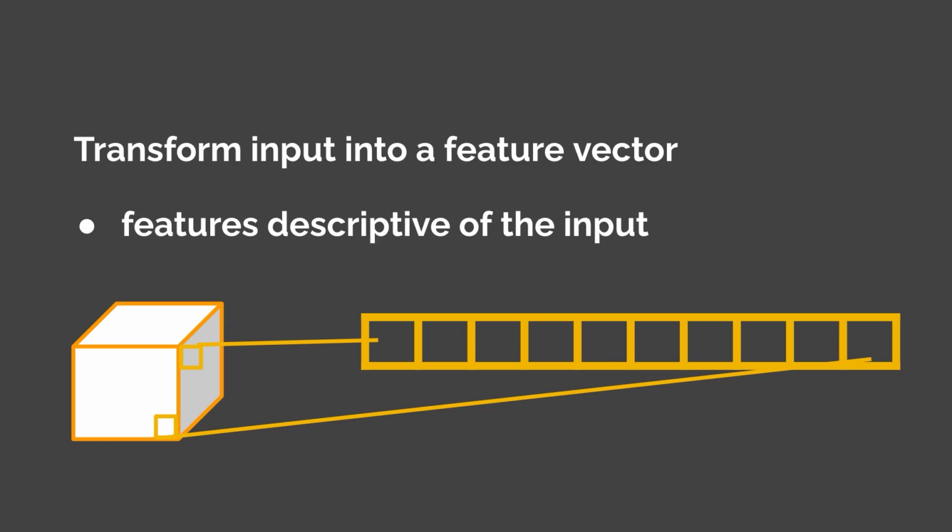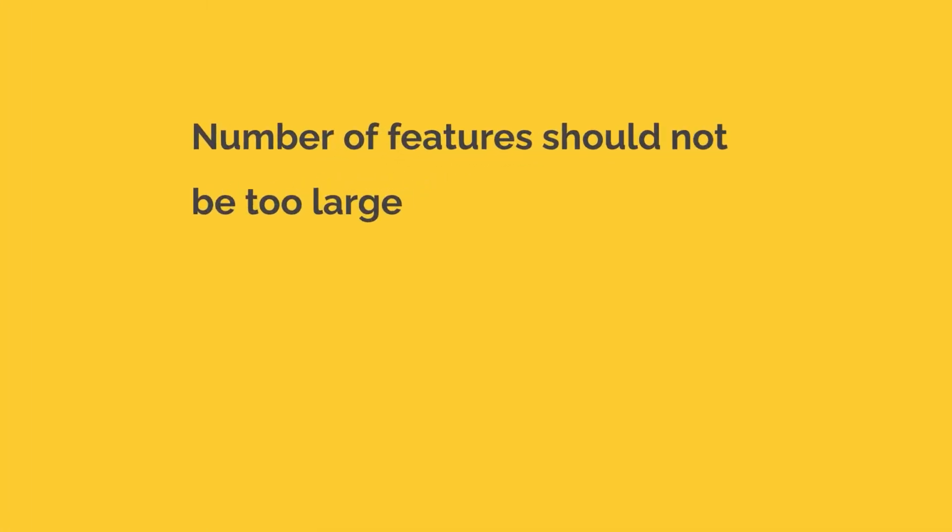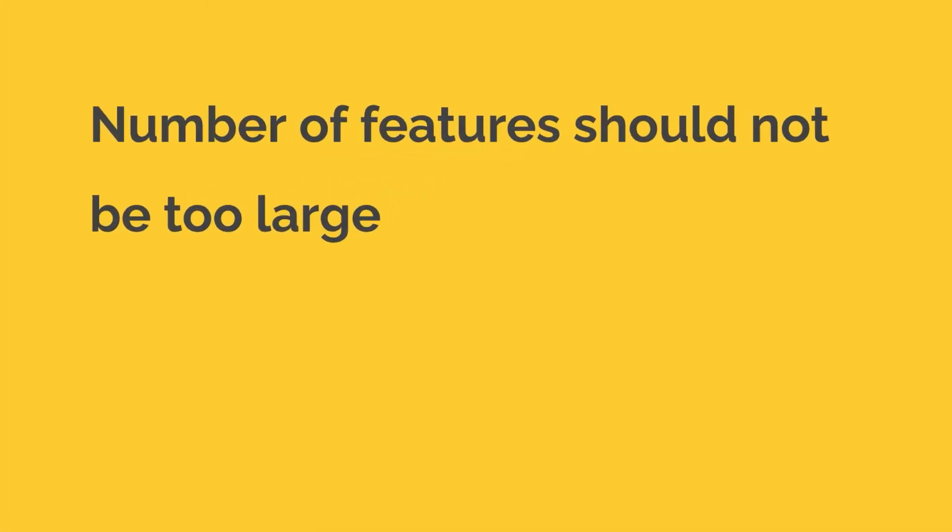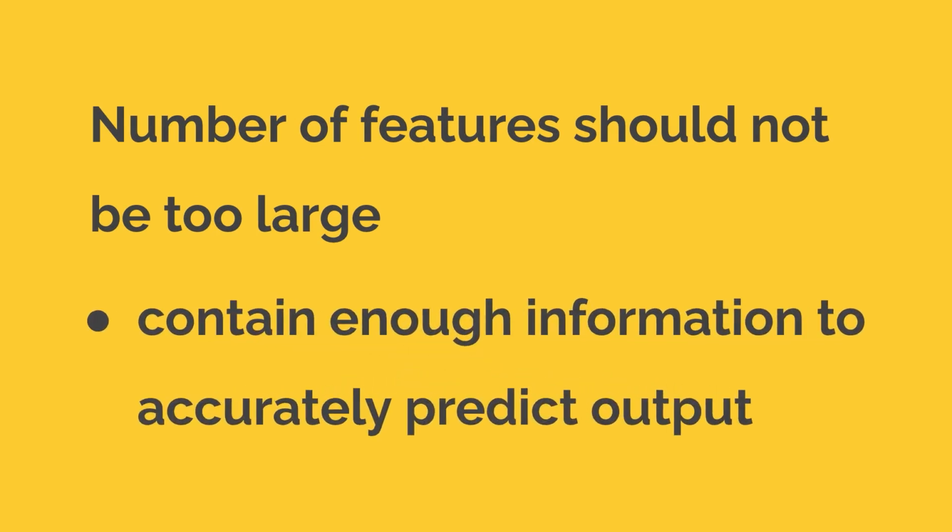Now, a sample can actually have just one feature only as well. That's valid as well. But if you're working with more complex projects, then each of your samples will likely have a lot of features about them. And note that the number of features should not be too large, because that is going to make your algorithm quite slow.